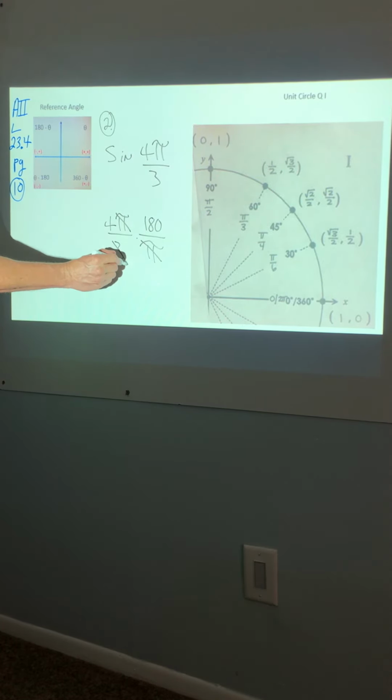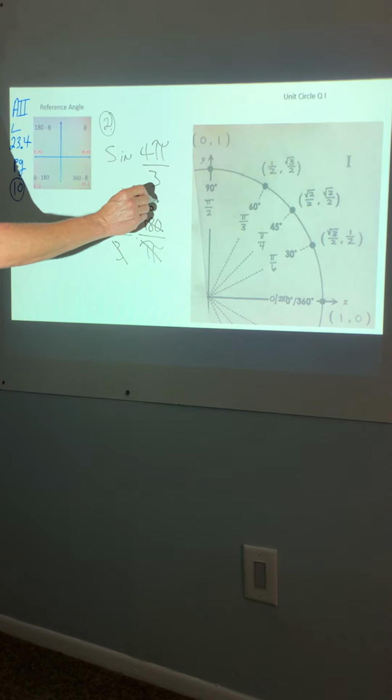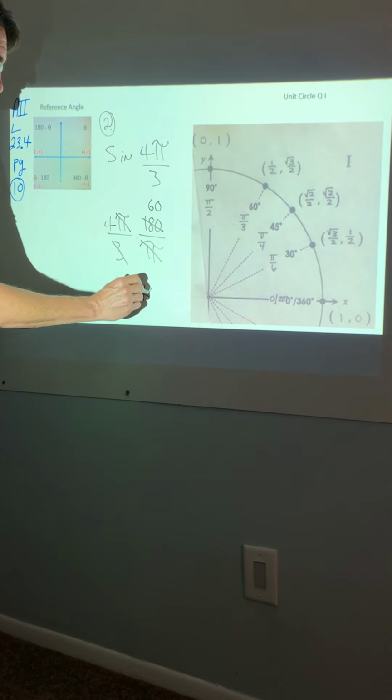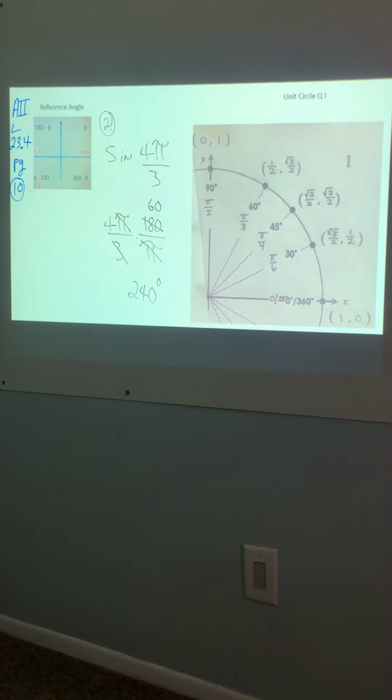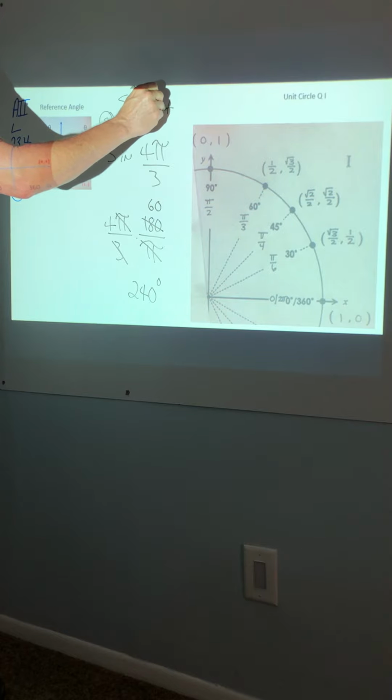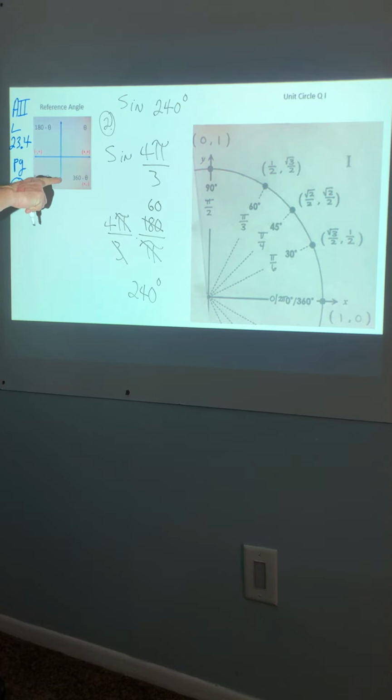You can divide 3 into 180, which is 60, and then 60 times 4 is 240 degrees. Stay with me. The sine of 4 pi over 3 is the same thing as the sine of 240 degrees. I know 270 is here, so your 240 is going to be here.